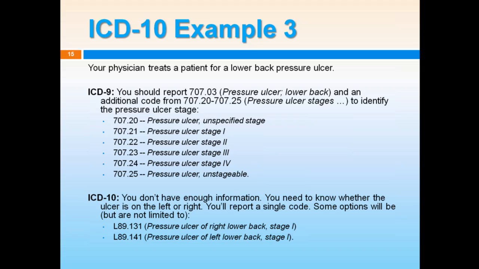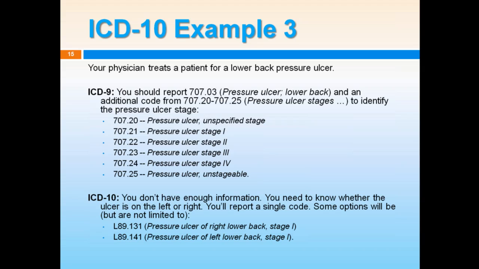If you look at those definitions, you'll see how the descriptor specifies the stage. However, you'll need additional anatomic details when you start using ICD-10 in 2013. For instance, for the same lower back pressure ulcer, choosing the proper ICD-10 code will depend on whether the ulcer is on the left or right. Did your physician probably already document this? Yes.